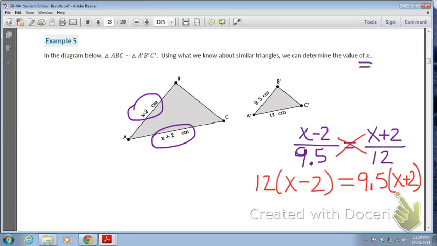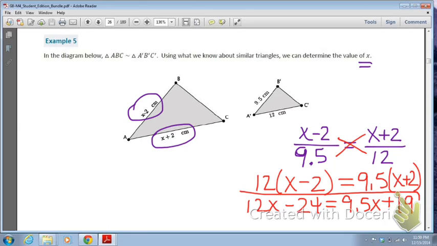Using the distributive property, we end up with 12x minus 24 is equal to 9.5x plus 9.5 times 2, which is 19. So we end up with this new equation to solve based on these similar triangles. Okay, so I'm going to come over here and do that.